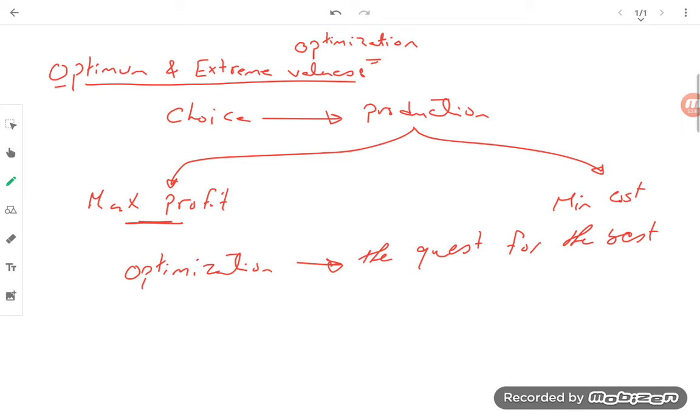From a mathematical point of view, the point of maximum or minimum of something is a point of extreme value. So we would like to find an extreme value.